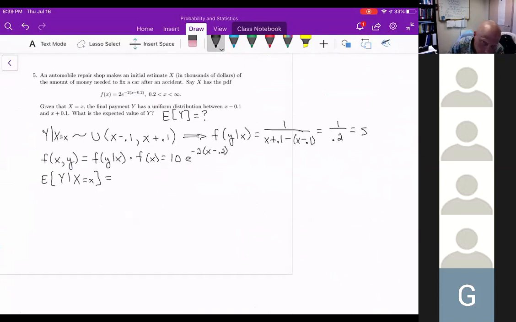By definition, because this is continuous, this is the integral of y times f of y given x, which we have as 5, dy. And y integrates from x minus 0.1 up to x plus 0.1.